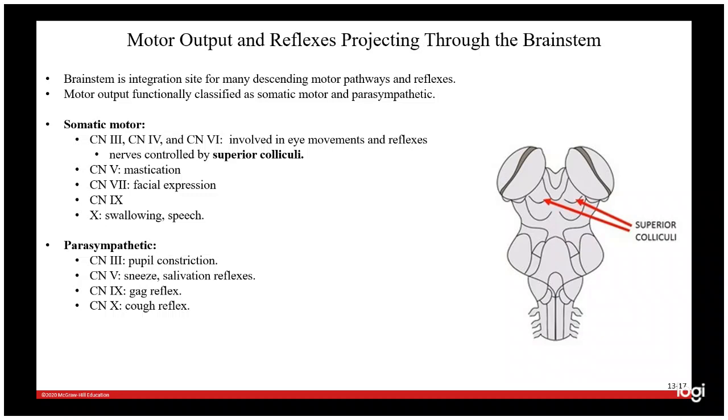So somatic motors, eye movements, reflexes, chewing, facial expression, speech, that sort of thing. And then the parasympathetic, remember, parasympathetic is rest and relax, right? So pupil constriction, sneezing, salivation, gagging, coughing, rest and digest. Sorry, I said that wrong. That is your parasympathetic system. So try to tie those together. I don't need you to know which cranial nerve goes with which.